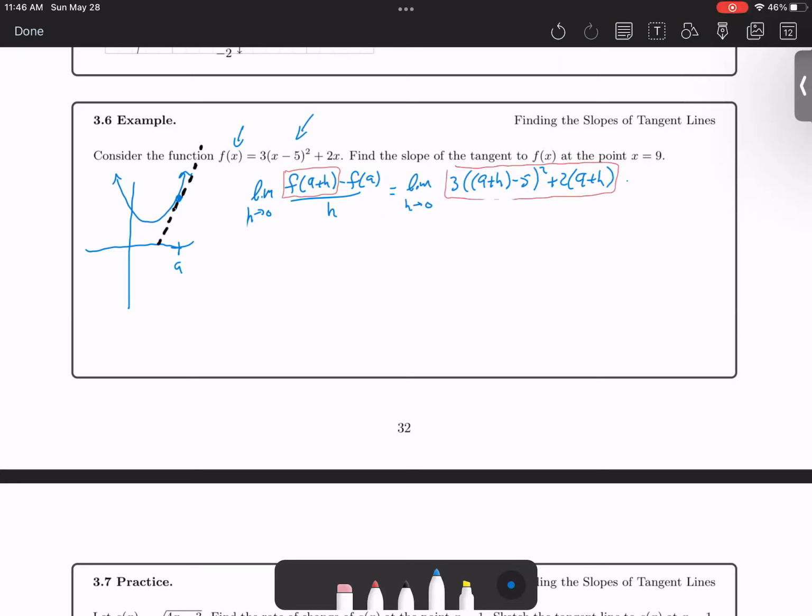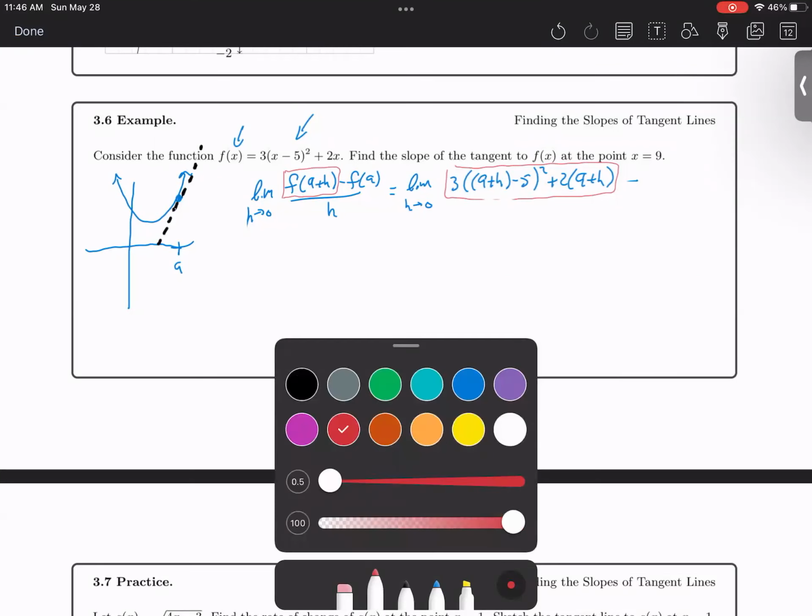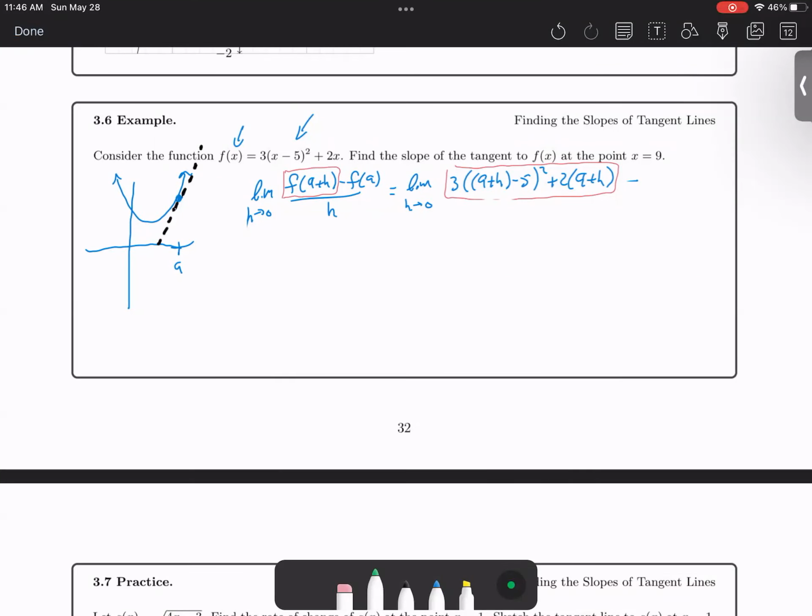All right, I then subtract f at 9. So what is my function value at 9? I'm going to wrap this in parentheses to make sure that I distribute that negative sign because I want to subtract the entire value of f of 9. So what is f at 9?